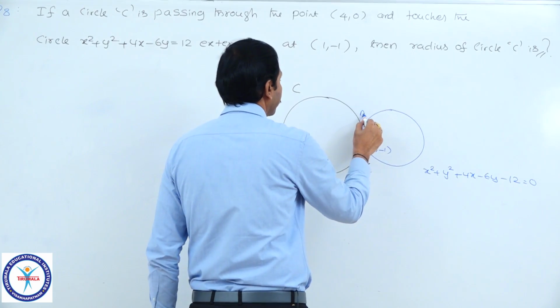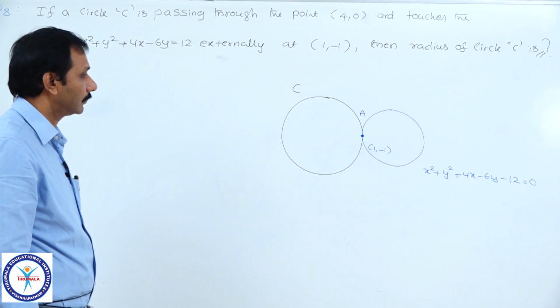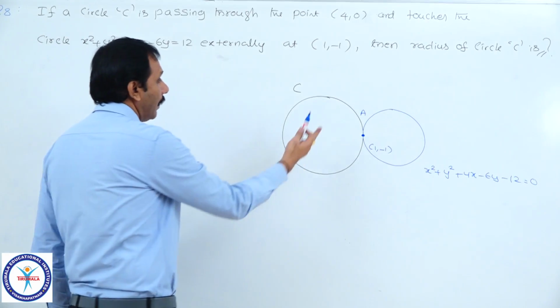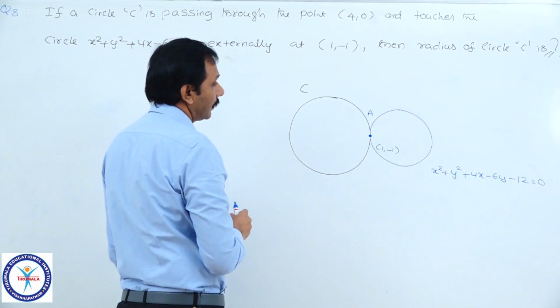Let it be the point of contact. And our required circle is passing through the point (4, 0).